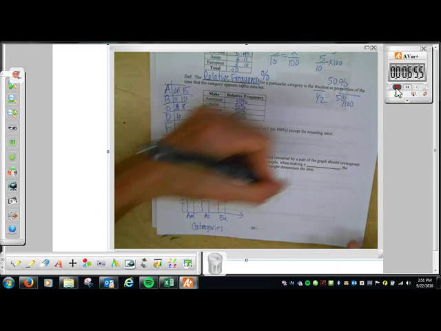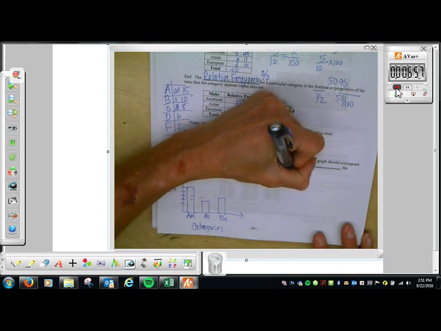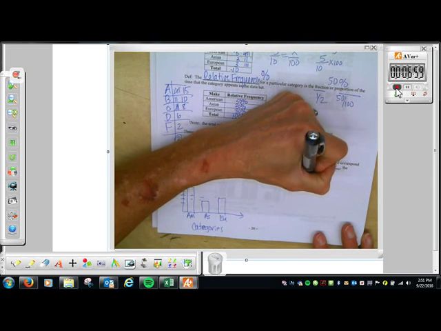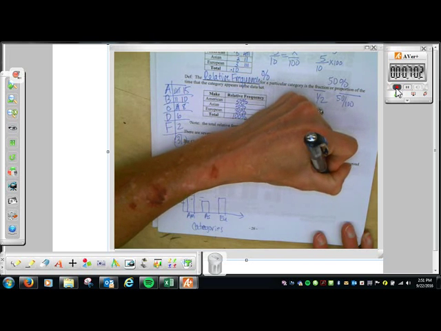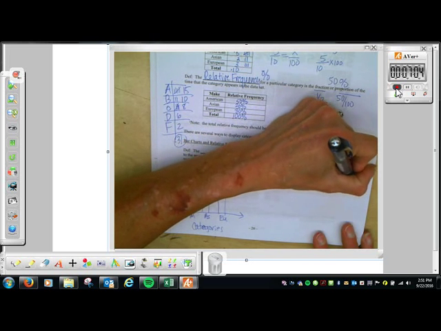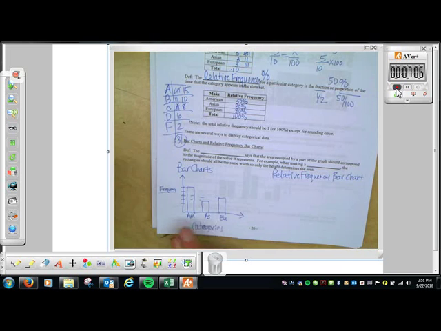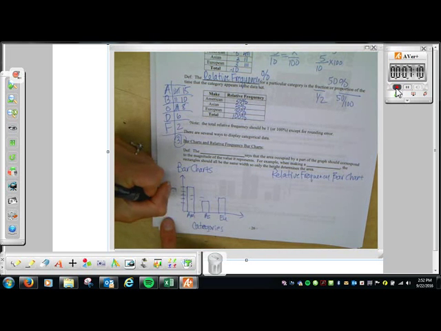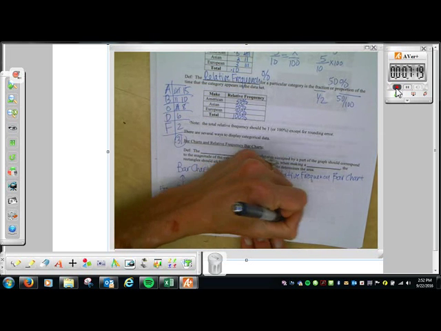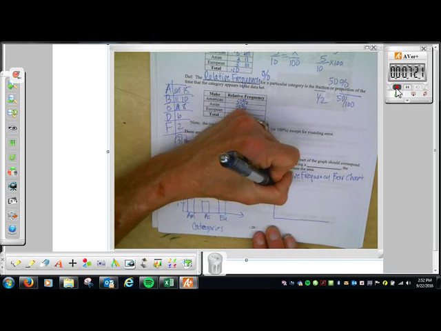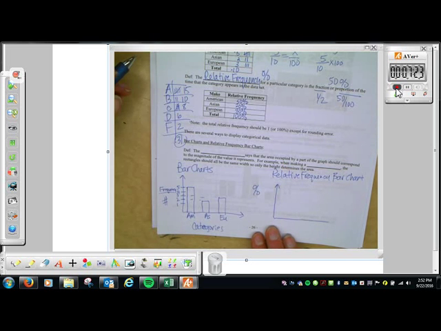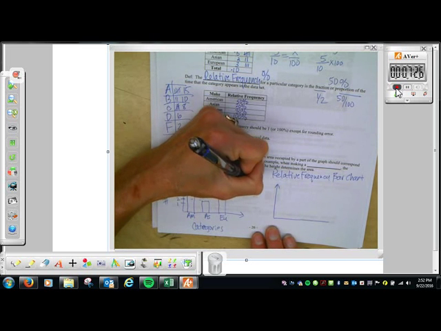Okay, now a relative frequency bar chart is the same thing, only instead of having frequency or the numbers here, so 1, 2, 3, 4, 5, over here on the vertical axis you are going to have the percents, the relative frequency.